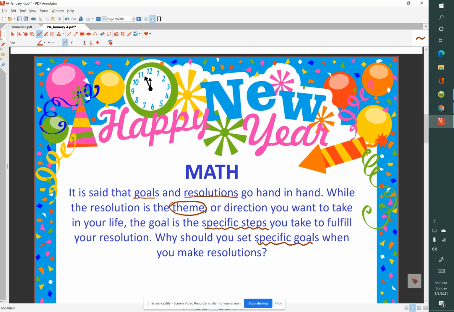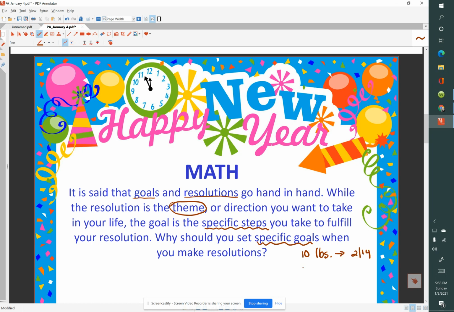So I'm going to use myself as an example. I put on some weight during the pandemic, and I want to take that weight off. But if I just say I want to lose weight, well, that's not very specific, and I might fail at that goal. I might lose sight of that goal. It's a big goal. Maybe I want to break that goal down, and I want to lose 10 pounds, that's the abbreviation for pounds, by Valentine's Day.